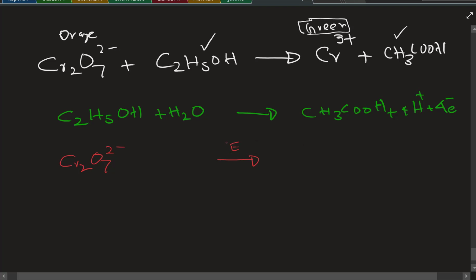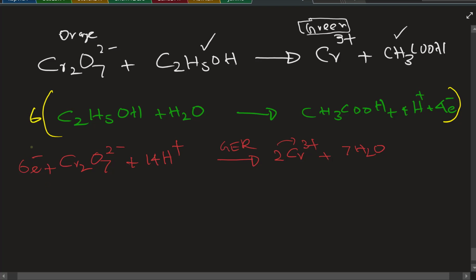We need 2 again, because there's Cr2, then 2 Cr3+, right? Now, oxygen 7, that would be 7 water, 7 times 2, 14 H+ to the left, and then check the balance of the charges. You need to have 6 plus here, that means 12 plus here, so that means 6 electrons, right? Okay, so now that's done.